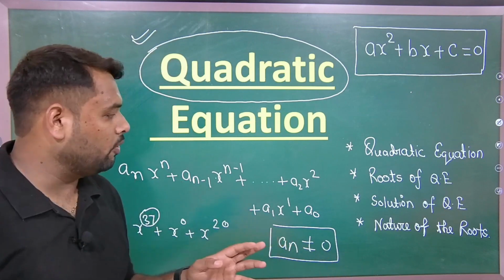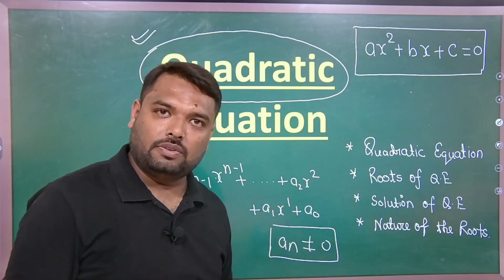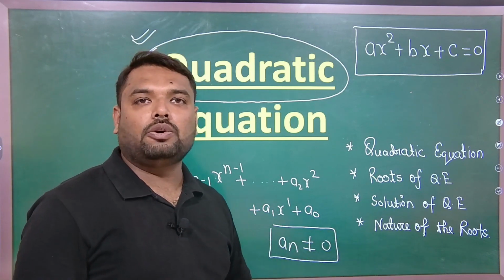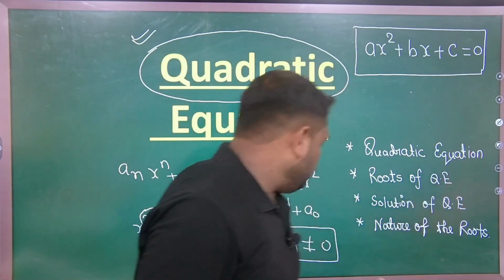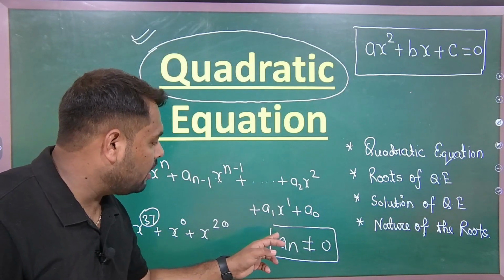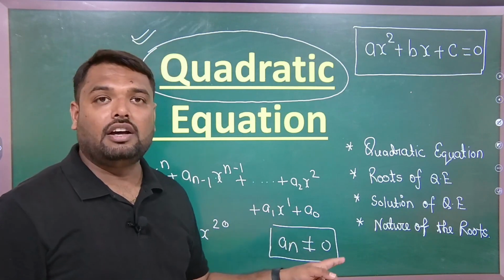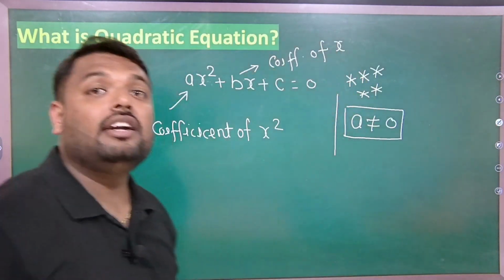If you take the power as 1/2, then it will not be a polynomial. So you have already seen that an cannot be equal to 0, meaning the highest power coefficient cannot be 0, because the degree will change.